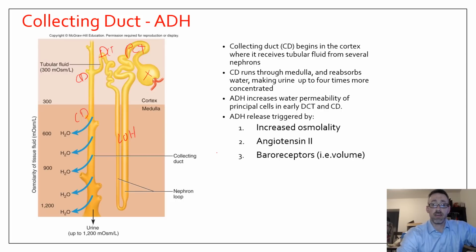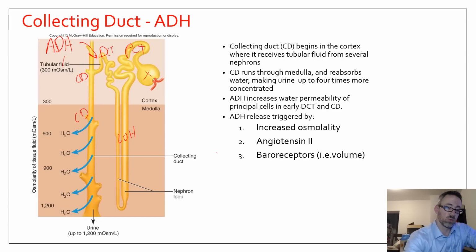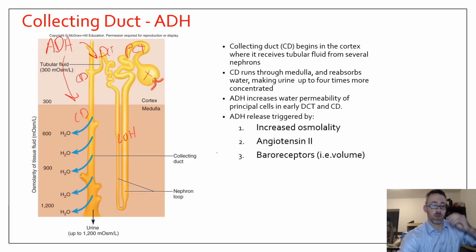So what happens is, if ADH is present, remember, ADH can act on both the distal convoluted tubule as well as the collecting duct and increases their permeability. Remember that this collecting duct goes all the way through the deepest portion of the medulla, where it ultimately becomes the renal papilla and into the calyx to be excreted as urine.